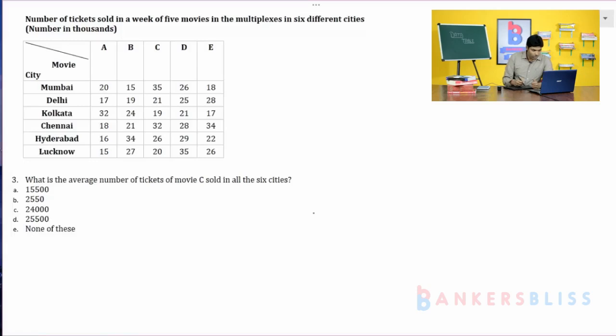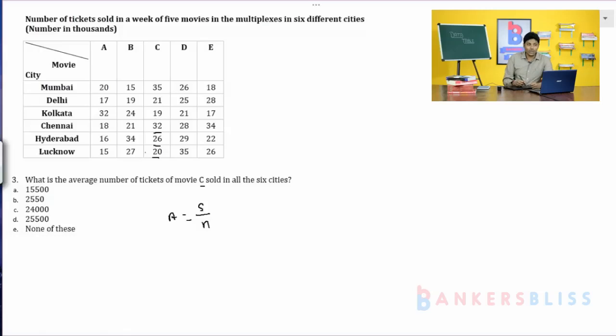We know the formula to calculate the average: average is equal to sum divided by n. So you have to calculate the sum of the values of movie C of all the cities: 35, 21, 19, 32, 26, 20. In 35 you consider only 30, in 21 only 20, in 19 only 10, in 32 only 30.